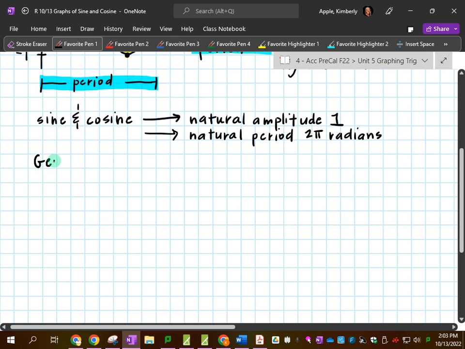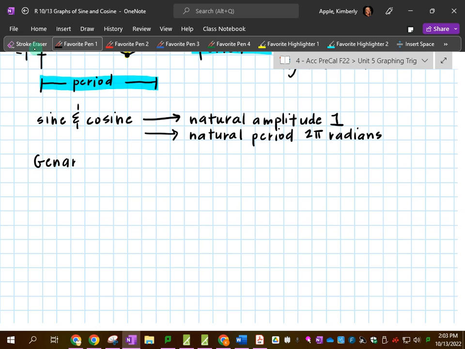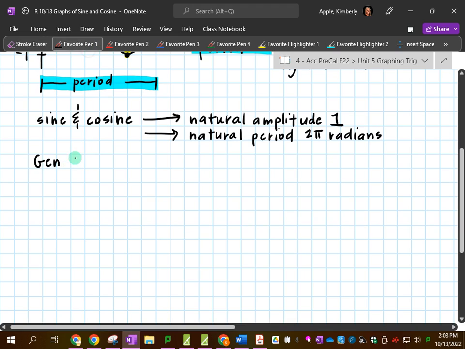General form, and I'm just going to use sine as an example. The general form of the function would be f(x) = a sin(b(x - c)) + d.